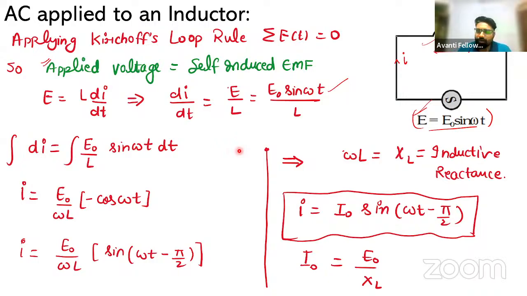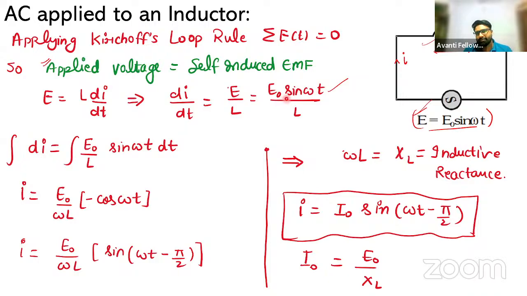What is this quantity called? Omega L is called XL, which is nothing but inductive reactance, the resistance provided by the inductive circuit or the inductor itself. So from here, we want to have these two quantities, E and I, in the same trigonometric ratio.